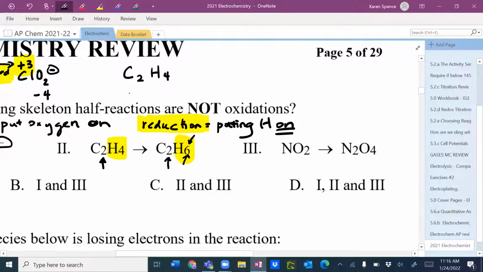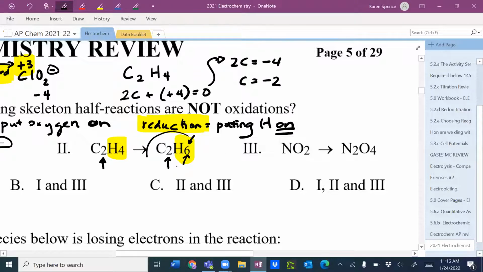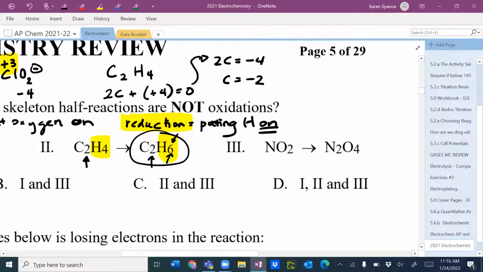So we have 2 carbons plus 4 equals 0, which gives us 2 carbons equals -4. So carbon is equal to -2. So we go from carbon having -2, and if we do the same math for this one, we end up with carbon equaling -3.